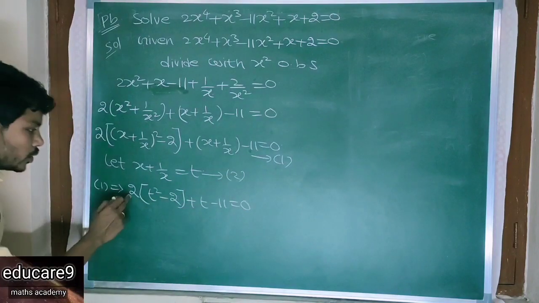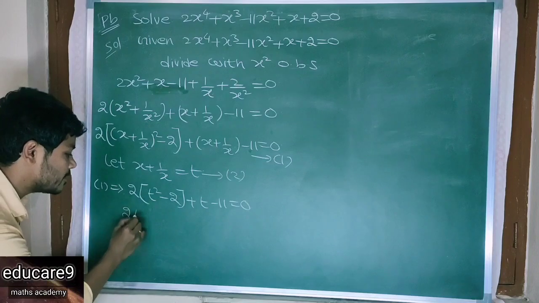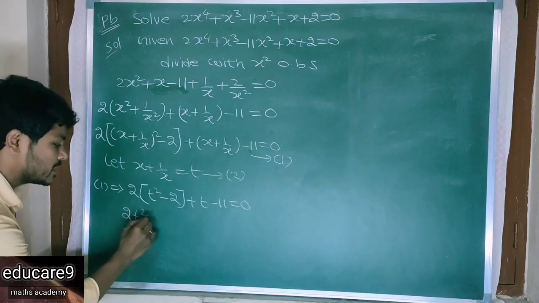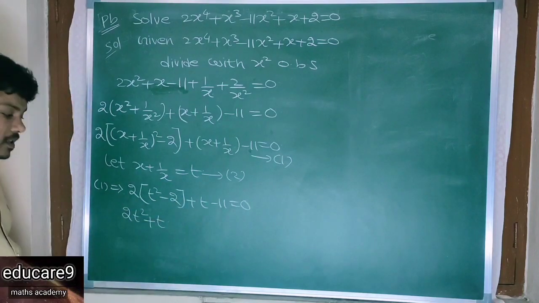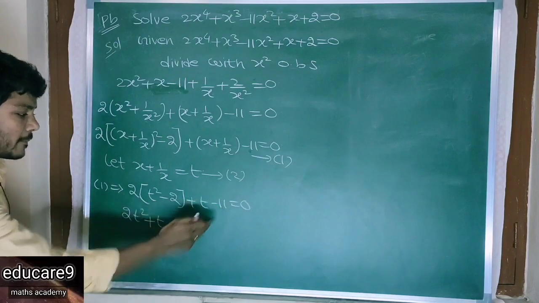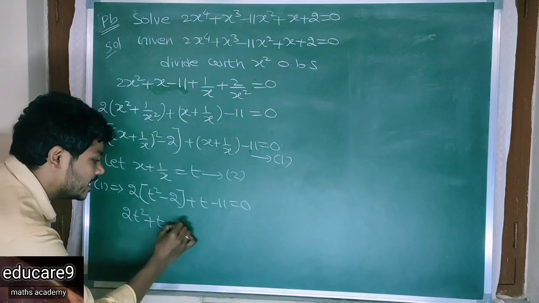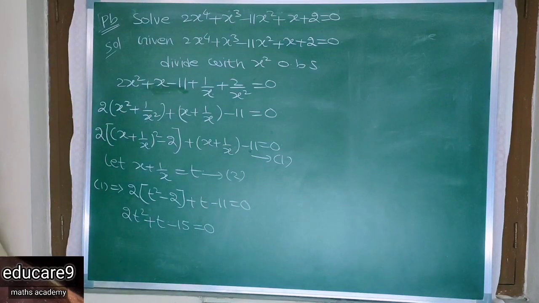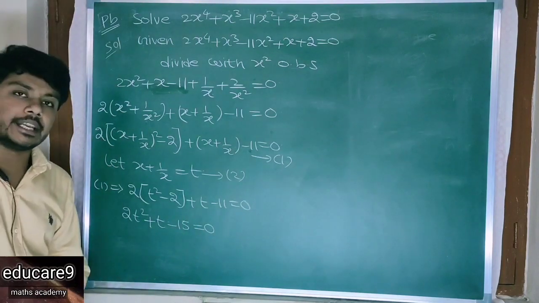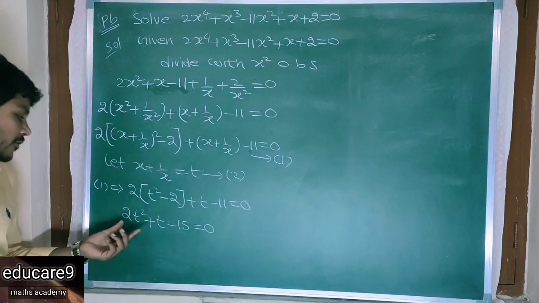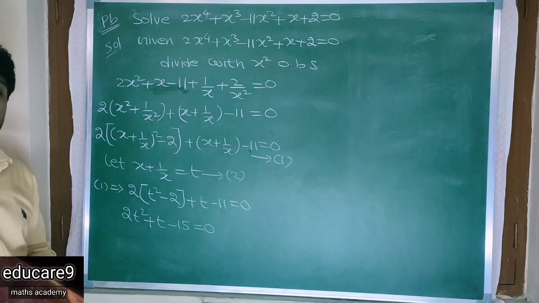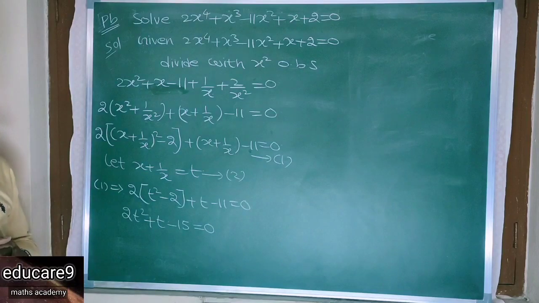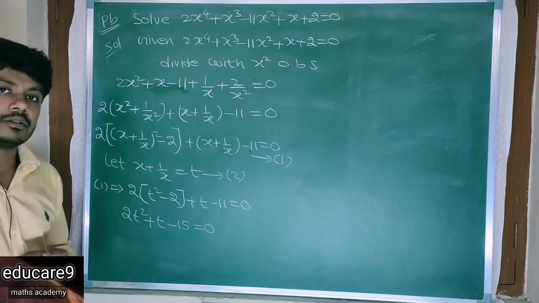Now here 2t square plus t. So here minus 4 minus 11, minus 15 is equals to 0. So clearly it represents a quadratic equation. So for this equation you have two roots. Here you want to find the roots.